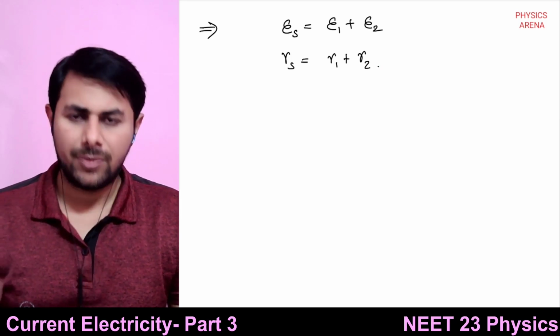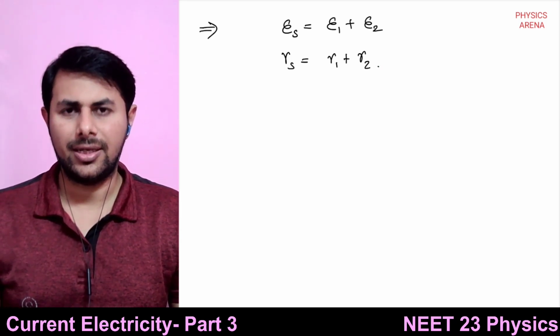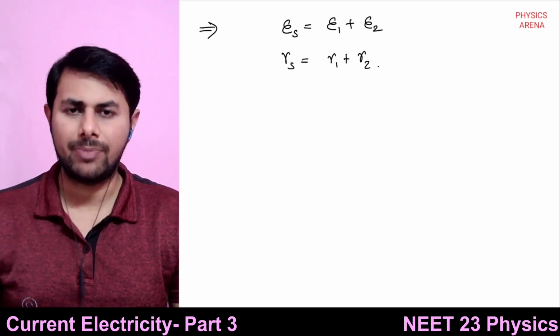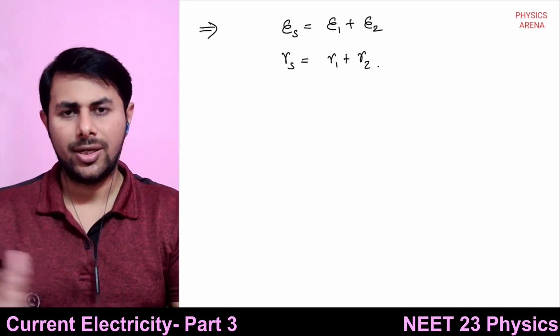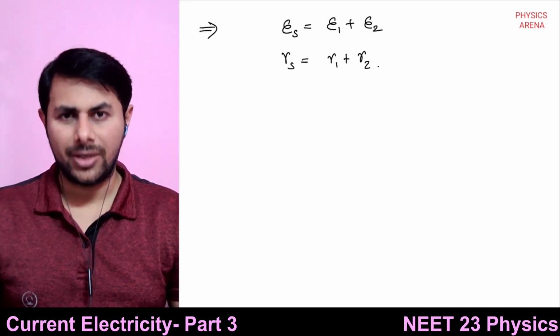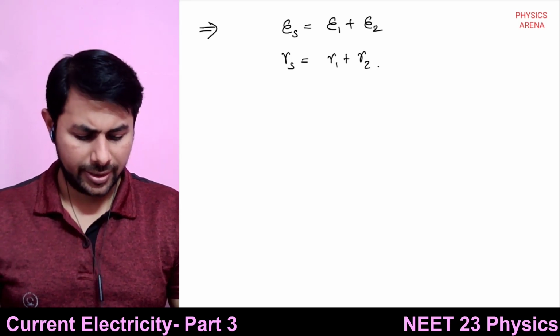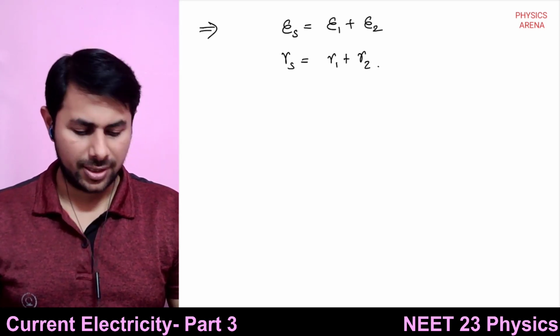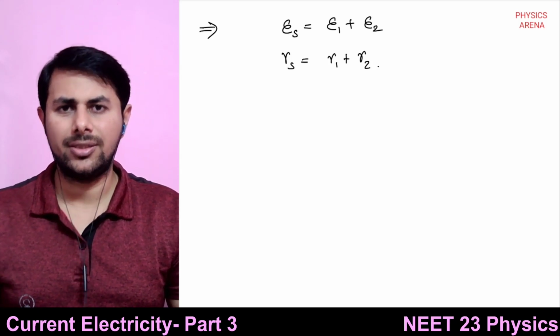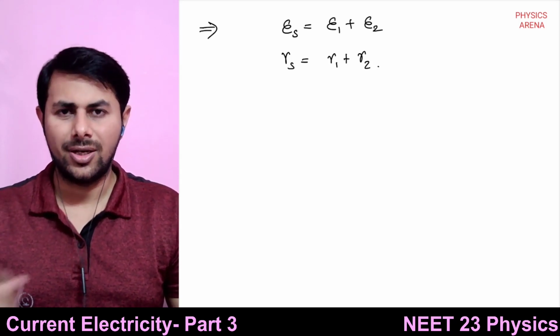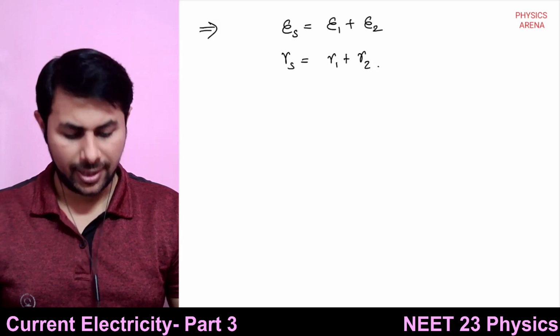So that means if you connect n cells in series combination, what will happen? The total EMF will be equal to the sum of the EMFs of all the cells, and the total resistance is the sum of the internal resistances of all the cells, right?